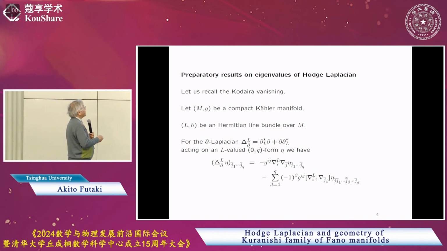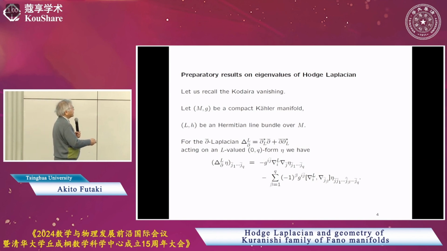Then the d-bar Laplacian for L-valued differential forms, (0,q) forms, we have this formula. You can find this, for example, in Morrow-Kodaira or Kodaira's book.